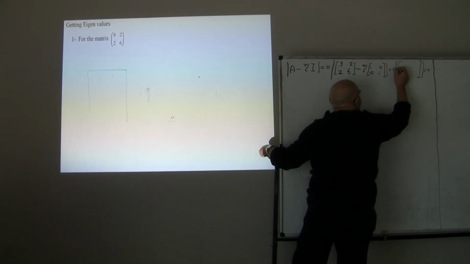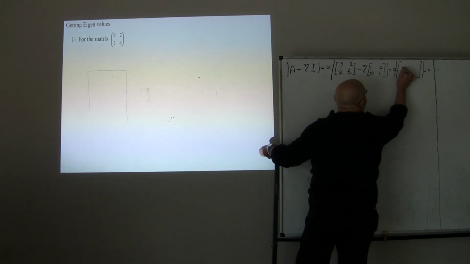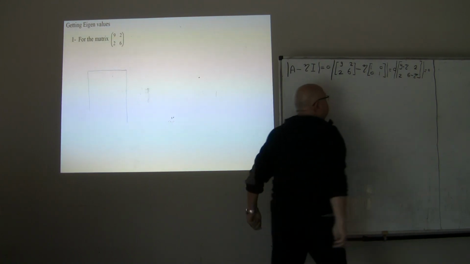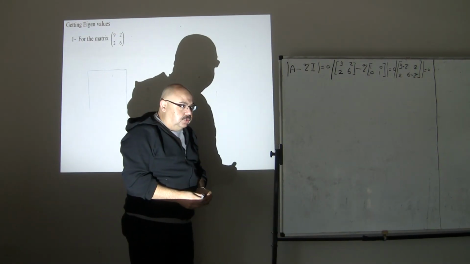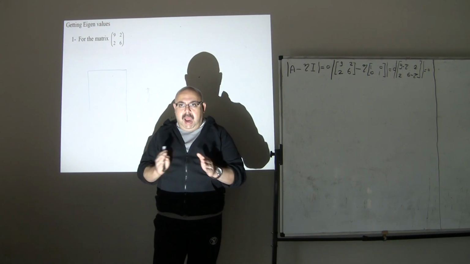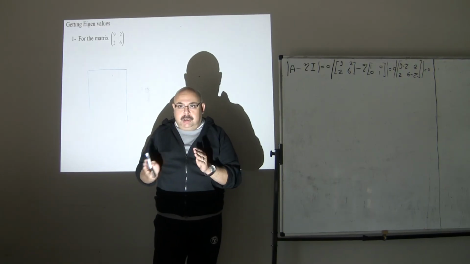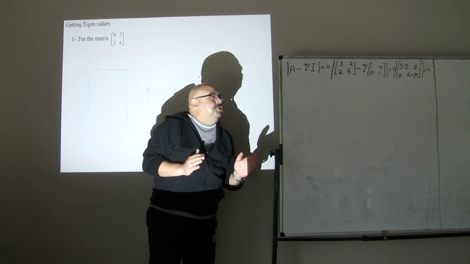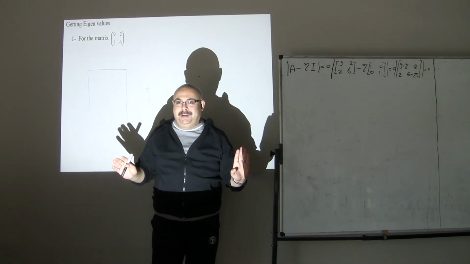It's very simple: 9 minus eta, and this is the number 2, and that's 2, and you will have 6 minus eta. Because in the addition and subtraction of two matrices, you add or subtract the corresponding elements. So it's very smooth.